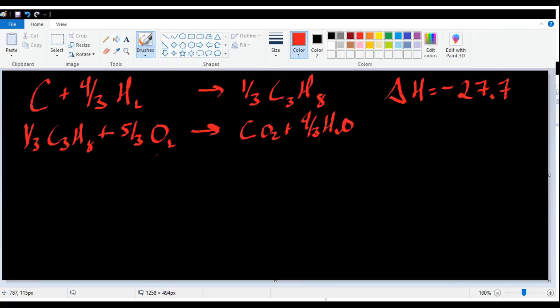And once again, flipping the reaction, dividing by 3, means we flip the sign on delta H, divide by 3. So 1776 becomes a negative 1776, and then we divide by 3. That's going to be negative 592.